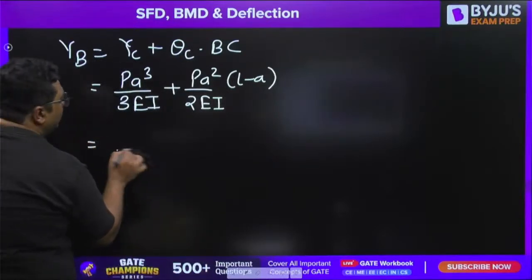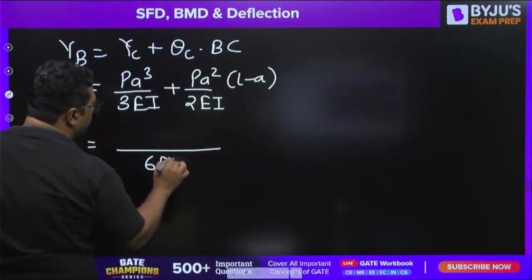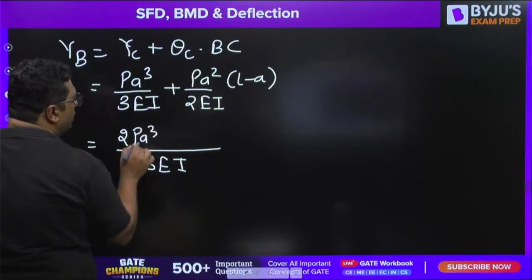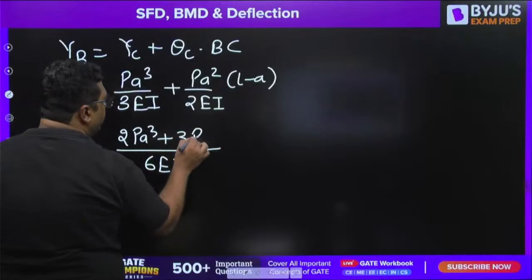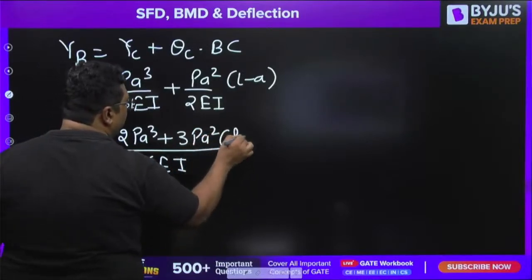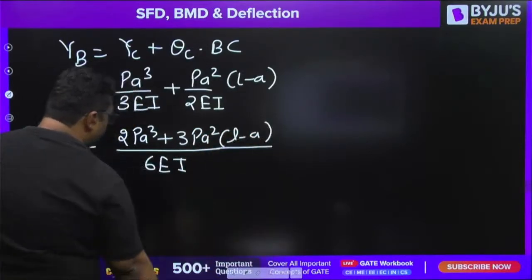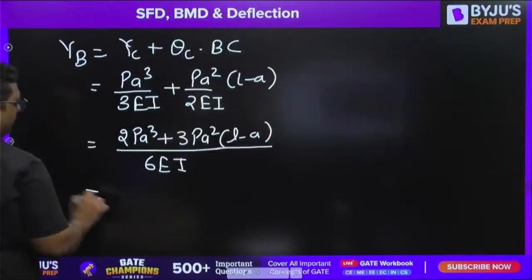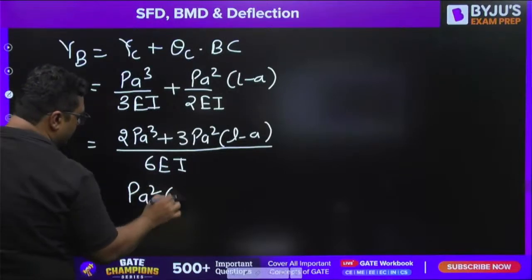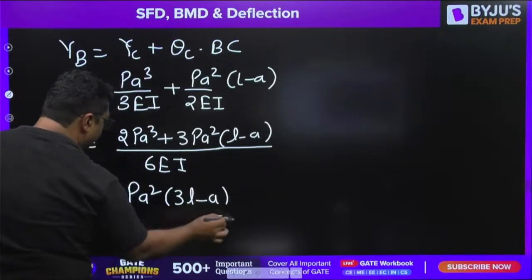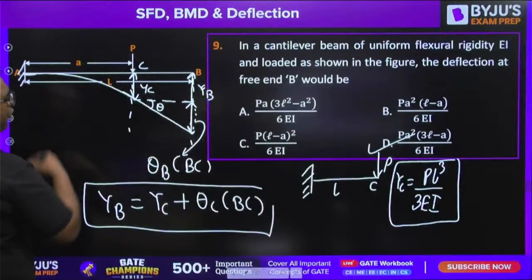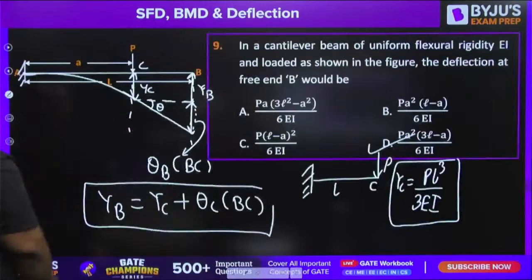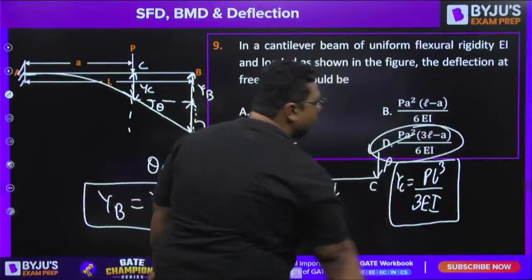So you would have 6 EI, and this will be 2PA cube plus 3PA square (L minus A). So you would get PA square (3L minus A) upon 6 EI. So the answer is going to be D for this, guys.